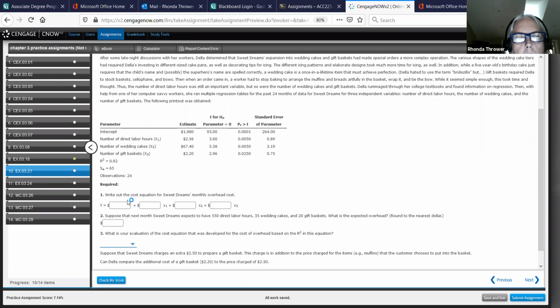If you look in part 1, they've given you y, which is total cost again, is equal to, this is fixed cost right here, this blank is, and then we're going to calculate our variable cost. Well, the only difference with multiple regression and regular regression is there's more than one type of variable cost that they're using.